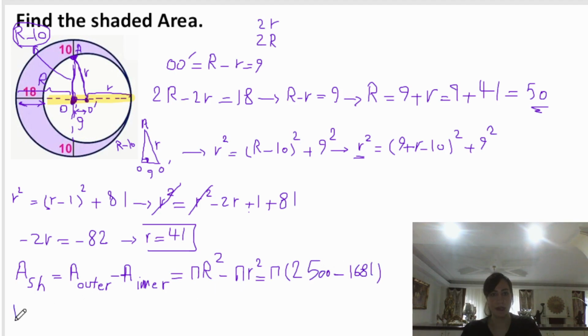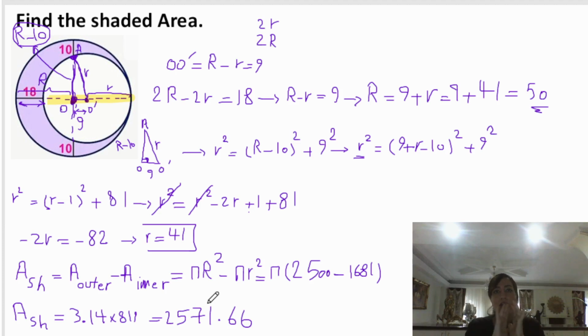The shaded area equals pi times 819. I substitute pi as 3.14, and the answer here would be 2,571.66 square units, because it doesn't mention what my unit is.